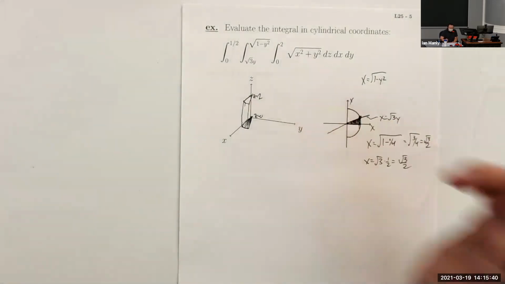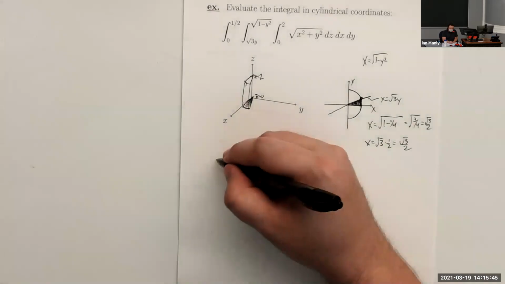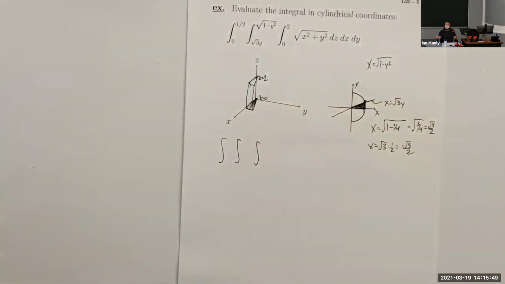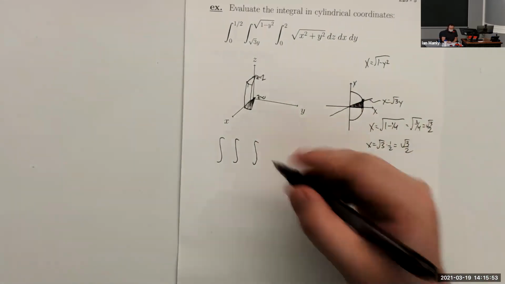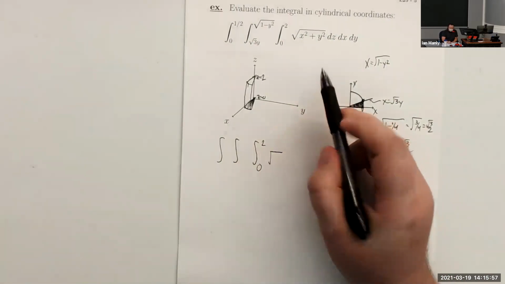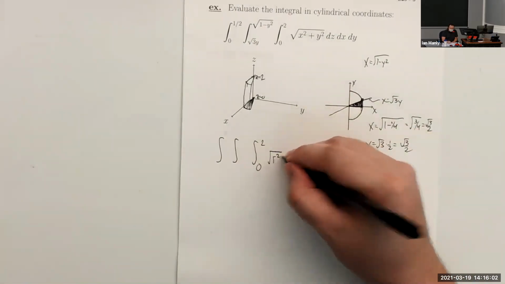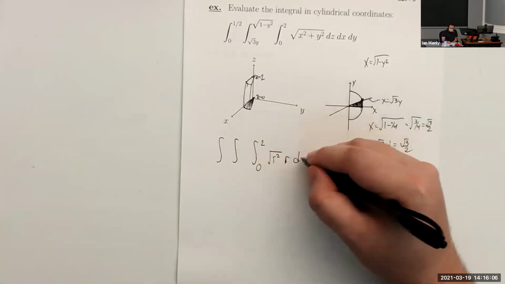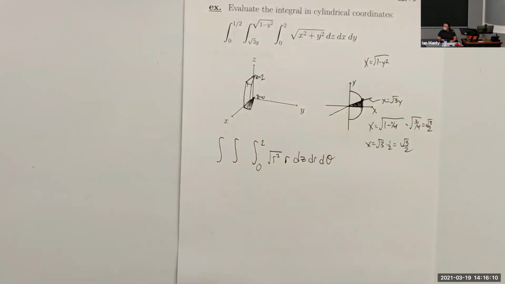So now that we know that, let's go ahead and convert everything into cylindrical coordinates. I keep almost saying polar coordinates, but that's essentially what we're doing here. We're turning the x and y into polar coordinates. All right, well, z remains the same. X squared plus y squared in polar is r squared. And then for our integrand, we have to remember to include the Jacobian, which is r. And we have dz, dr, d theta right here.